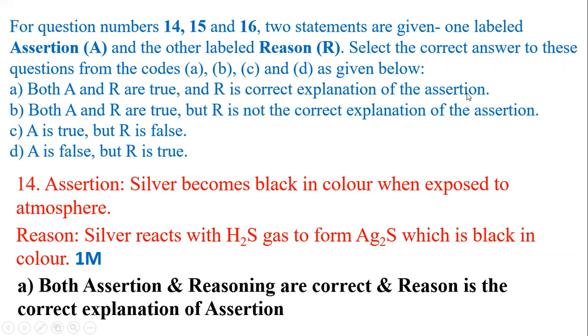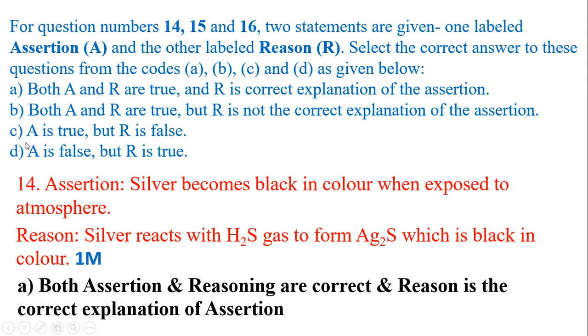Means both statements are correct and the statement given under reason is the correct explanation for the assertion. If you select the second option B, both A and R, assertion and reason, are true, but R is not the correct explanation for the first statement.